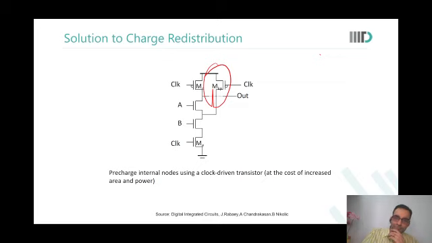So clock is needed because else the footer would be on and there would be a short between VDD and ground in some cases. Yes, at some places it could happen. Let us say in this particular case, A was 0, B was 1. Now what happens? As soon as clock goes to 1, this node is expected to discharge, but A is 0.